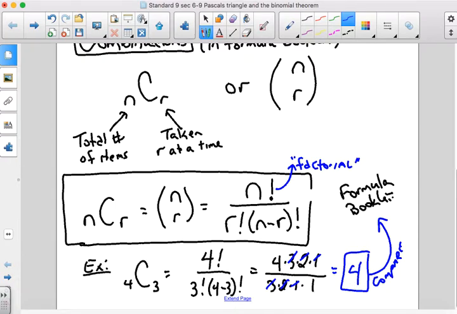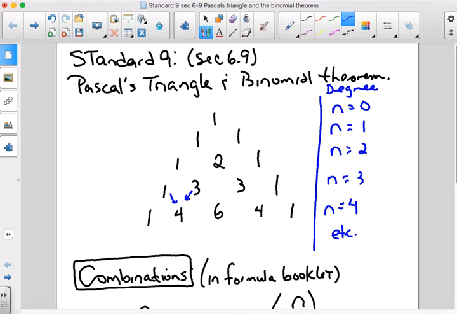Now what I'd like to do is compare that to what's up here in Pascal's triangle. When the degree is 4, which is basically what this is saying, it's 4 items. On the row down here, what we could look at is, this is our r's. R is 0, 1, 2, 3, 4.